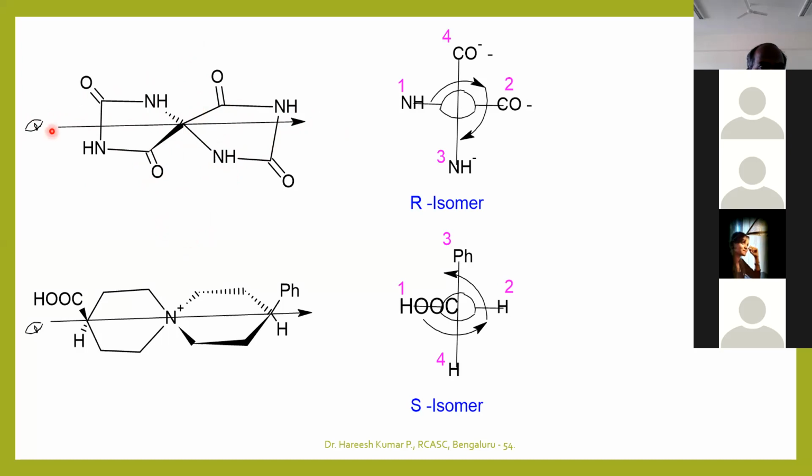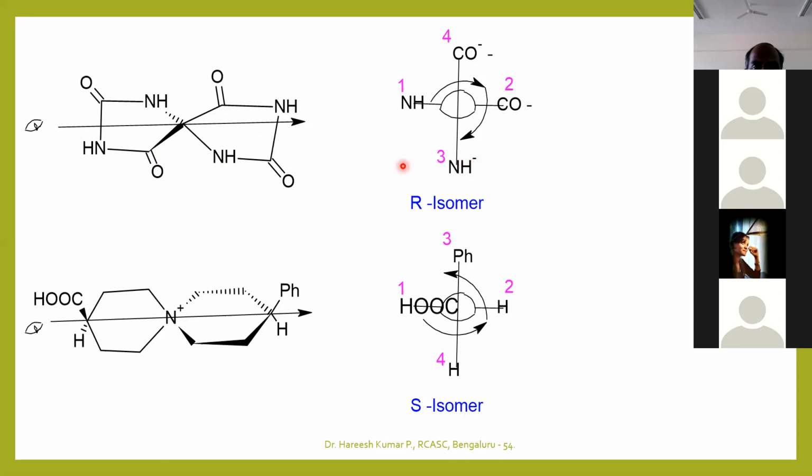So once it is exhibiting optical activity, when the chiral plane is passing through this, what you can observe, these two groups are the horizontal ones, NH is on the left hand side, that is this. CO is on the right hand side, that is this. And these two are the vertical groups. CO is top, NH is bottom.